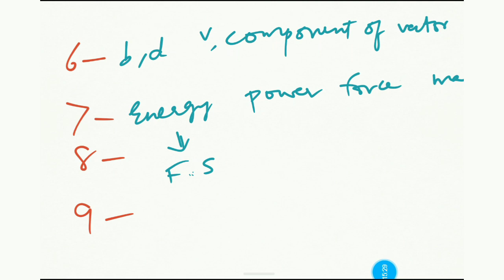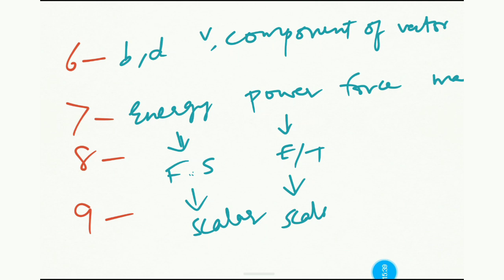You will get to know about this in the last concept, don't need to worry. So it is a scalar quantity. Power is energy by time. So it is also a scalar, because scalar by scalar is scalar only. Next, force. Force is a vector because force has a formula.